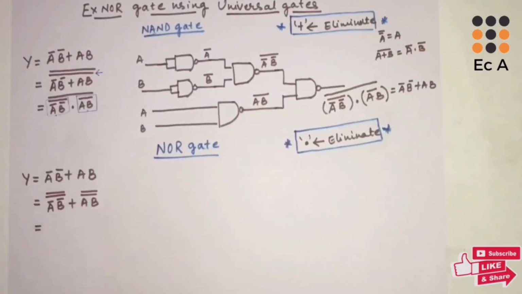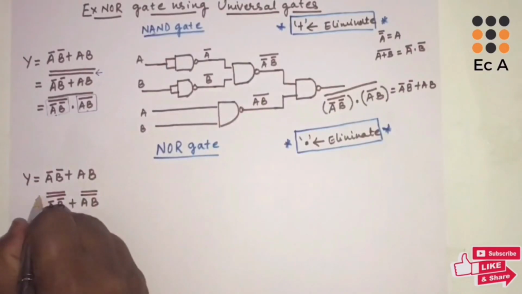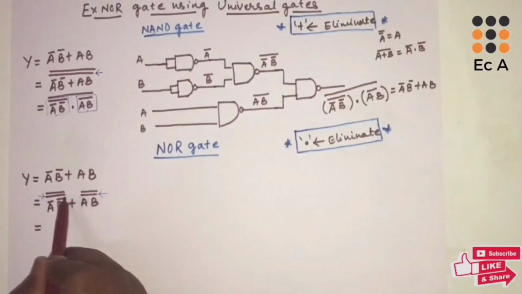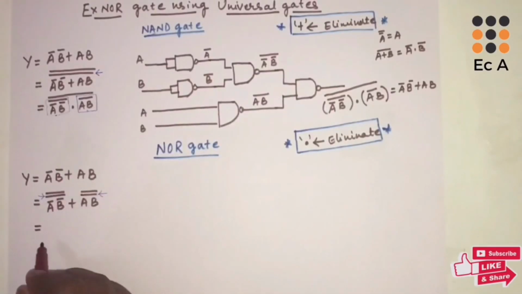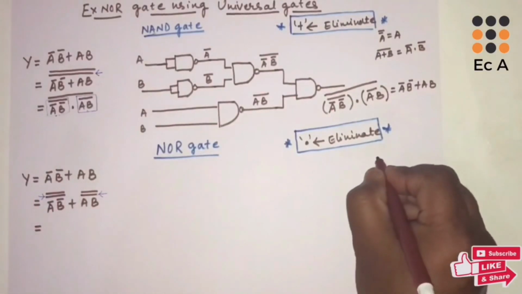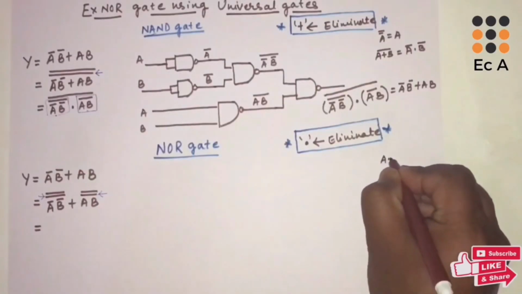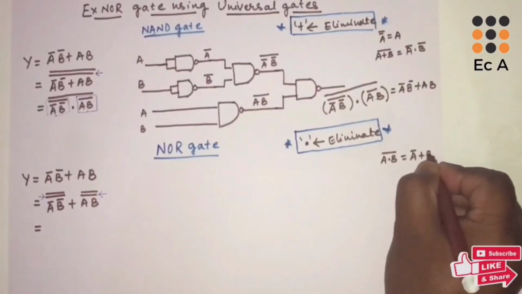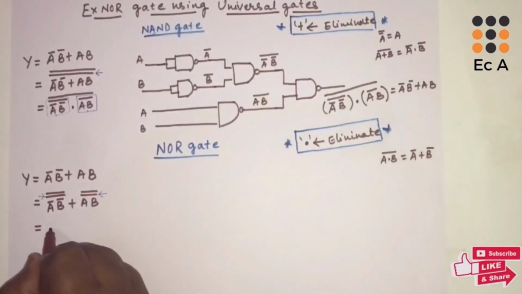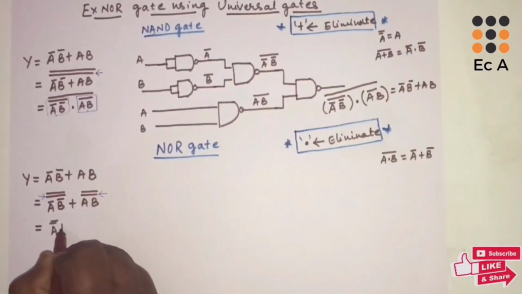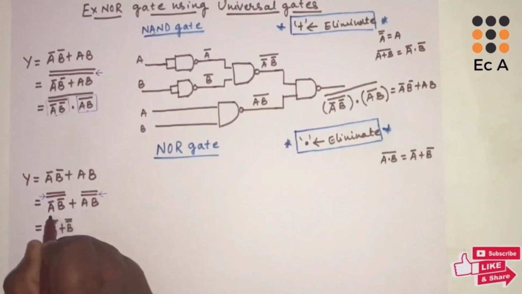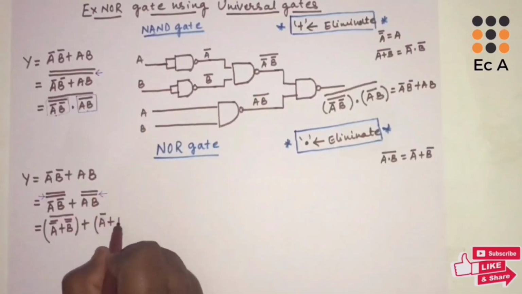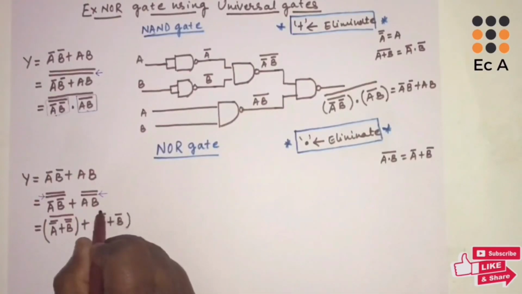Now let us simplify only the inner bar. We'll retain the outer bar as it is. We know from De Morgan's theorem, we can write (A dot B) whole bar as A bar plus B bar. In the same way, we can write (A double bar plus B double bar) whole bar plus (A bar plus B bar) whole bar.